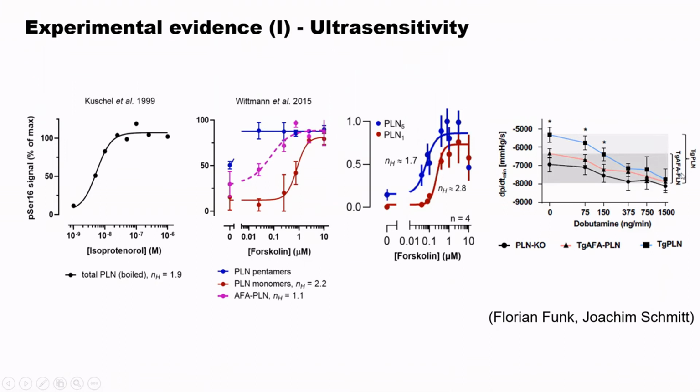And in addition, he found that also the range of regulation is different in the presence of pentamers. So yeah, he will tell you a little bit more about these experiments himself in the next talk. But generally, that also seems to hint in the same direction.